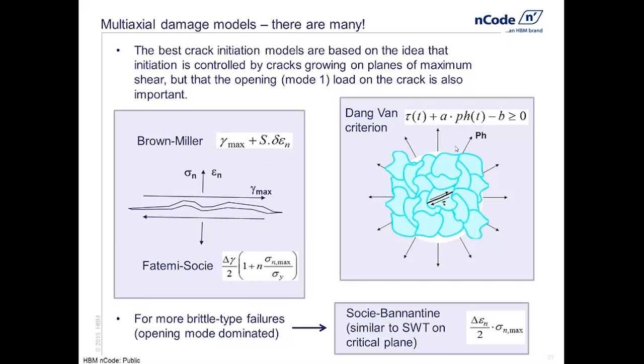Hydrostatic stress can't cause plasticity, but it can open cracks. There are some other models as well. For instance, the Smith-Watson-Topper model. This is based on normal strain and stress, and it may be more suitable for cases which are dominated by opening mode cracking.